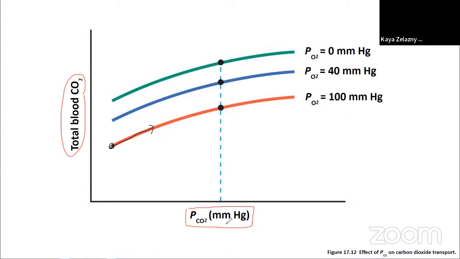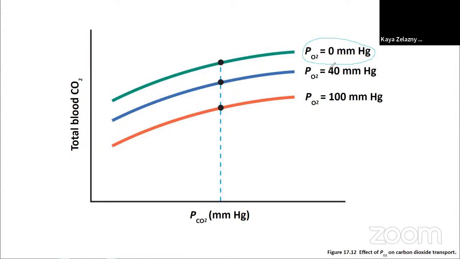So this is kind of an indirect measure of the amount of carbon dioxide in our blood. But we can also see that we have 3 different colored lines, which usually means we're talking about a shift in our curve, right? So what we're looking at here is changes in the partial pressure of oxygen.